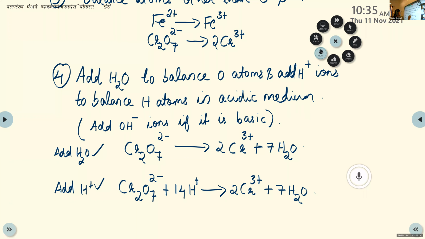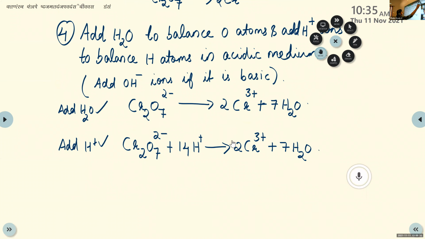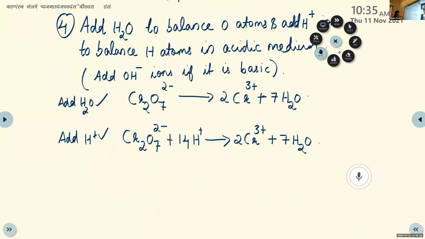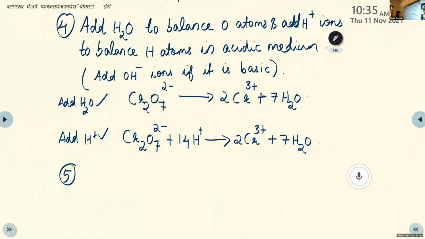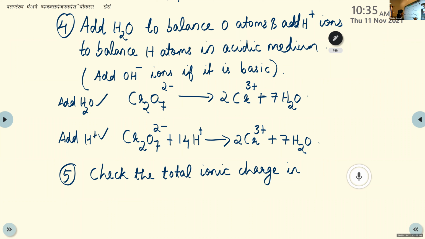Then the next step. That is the fifth step. We have to check the total ionic charge in both reactions.